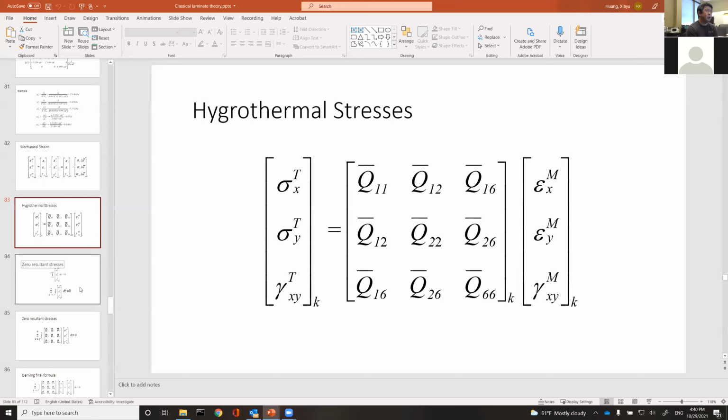Then you apply additional load, and the stress in each layer of the laminate is a combination of your fabrication-induced stress plus your external load-induced stress.